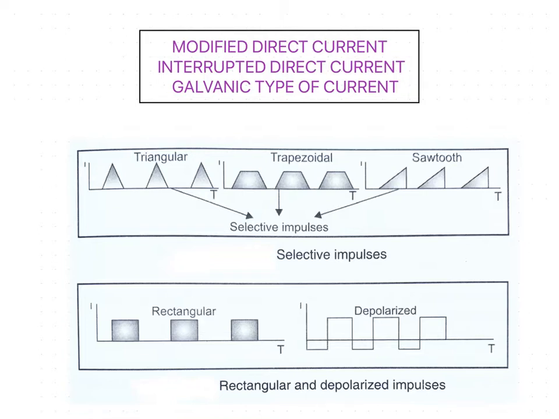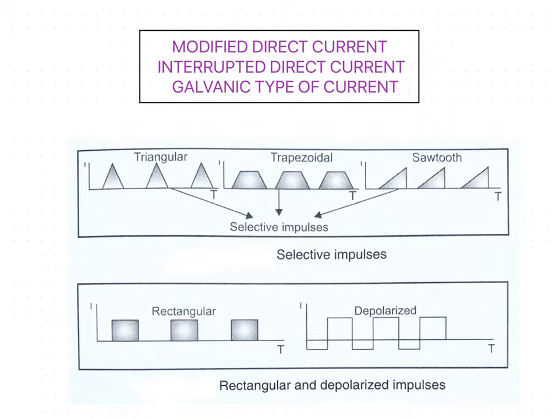This interrupted direct current is also related to Faraday type of current, because Faraday type is also interrupted direct current, but the frequency is different for Faraday as well as the galvanic type of currents. Normally we commonly use the term interrupted direct current for galvanic type of currents.